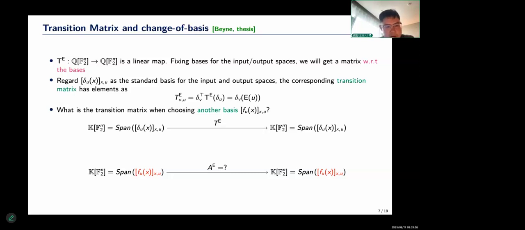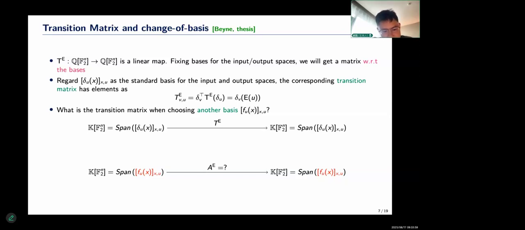If we regard the delta U as the standard basis for the input and output space, then the corresponding transition matrix will have elements which can be written in this way. If E is a bijective function, then T_E will be a permutation matrix, where every row and every column will have only one element 1.